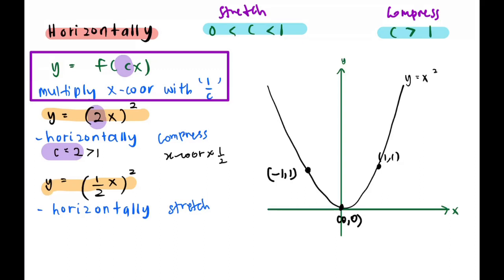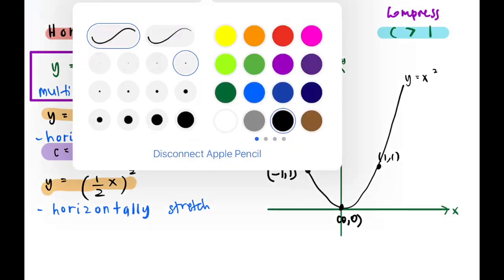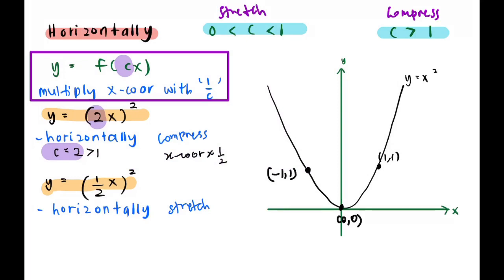So let us check. Where is our basic graph? This is it, a smiley graph. So now let's take the x coordinate and multiply it by 1 over 2. So 0, 0, when you multiply by 1 over 2, is the same, 0, 0.